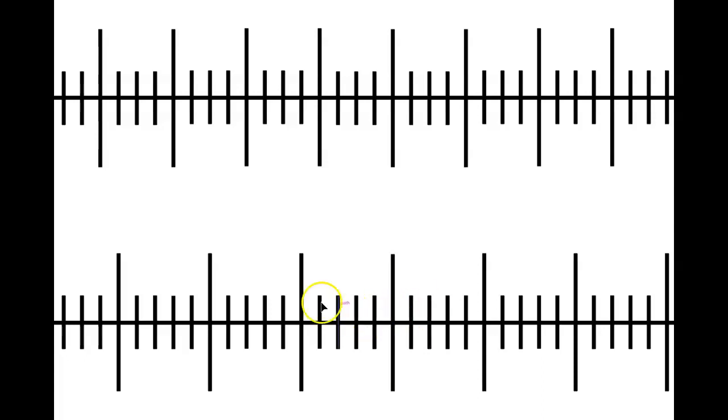So if we go to this little tick mark over here, now we're looking at something that's 2 spaces after some multiple of 5. We don't know what multiple of 5 it is. Like I said, this could be 500, it could be 5,000. This big tick mark, we don't know what it is. It could be 485. It could be any totally random multiple of 5.